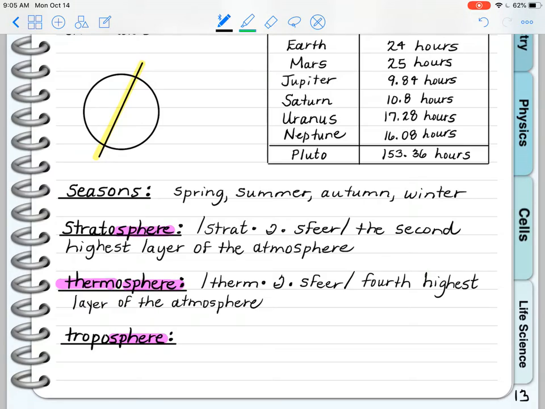Okay, the last term, finally, is the troposphere. Troposphere is the lowest layer or level. So this is the layer that is immediately around us. This is where our weather occurs.